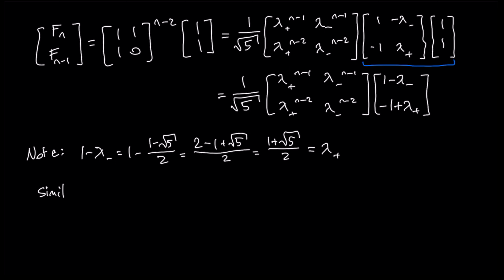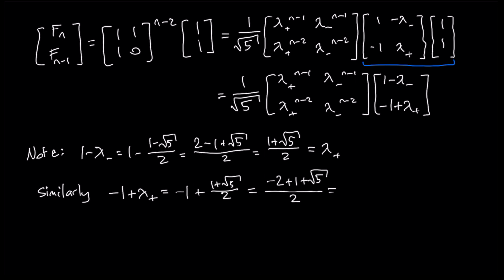And similarly, minus 1 plus lambda plus is equal to minus 1 plus the square root of 5 over 2, which is equal to minus 2 plus 1 plus the square root of 5 over 2, which is equal to minus 1 plus the square root of 5 over 2, which is equal to minus 1 minus the square root of 5 over 2, which is equal to lambda minus, or minus lambda minus.